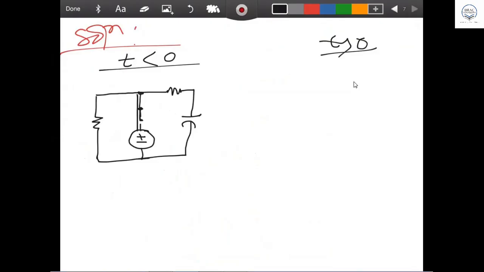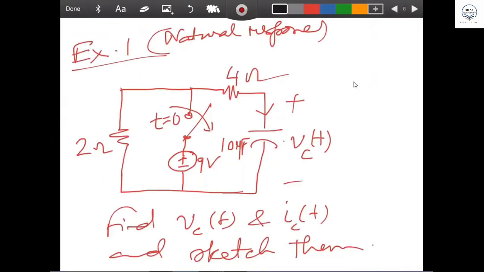And for t more than 0, the switch is open. If the switch is open, then it is a free running RC circuit, with the battery taken off. Then you get a simple RC circuit, 2 ohm and 4 ohm in series and a capacitor.